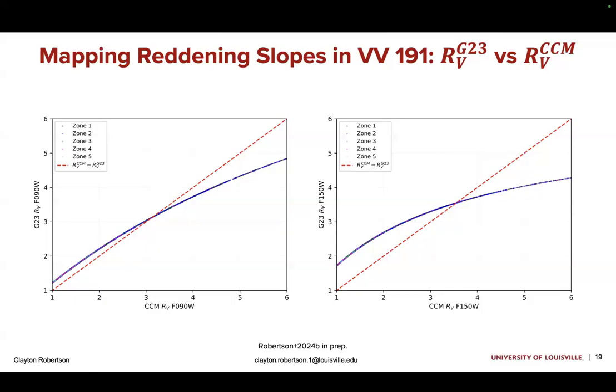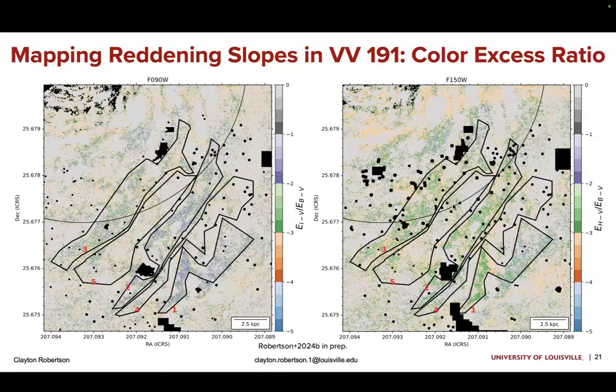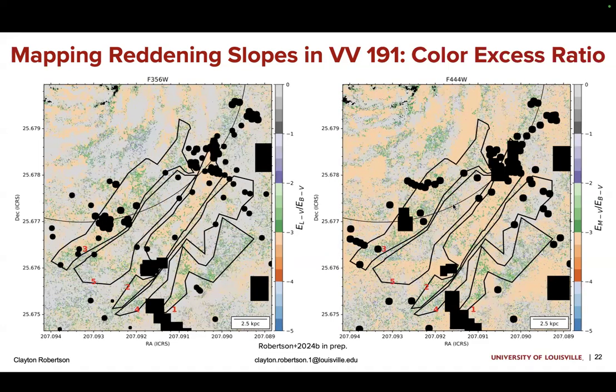Because we're running short on time, I'm going to have to skip through a few different things. Mainly, I created more maps based on color excess ratios, which are basically the cousin of the reddening slope, but in a sense create different maps based on extinction slope. So this is the selective normalized attenuation.